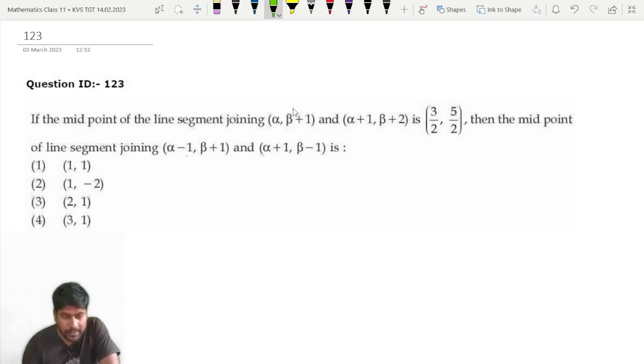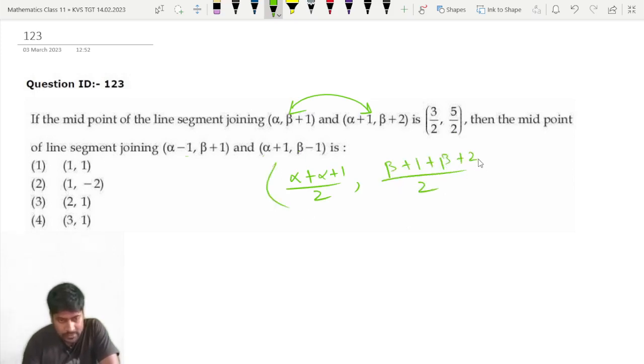What will be the midpoint of these 2 points? It will be 2 alpha plus 1 by 2 comma 2 beta plus 3 by 2, and that is given as 3 by 2 comma 5 by 2. Now from here we will get the values of alpha and beta.